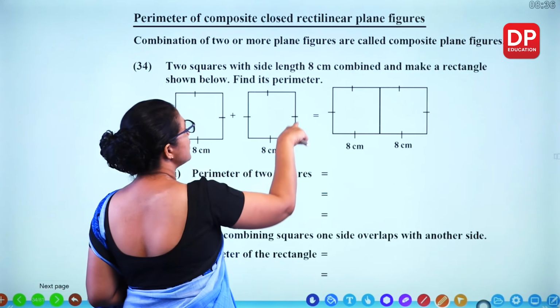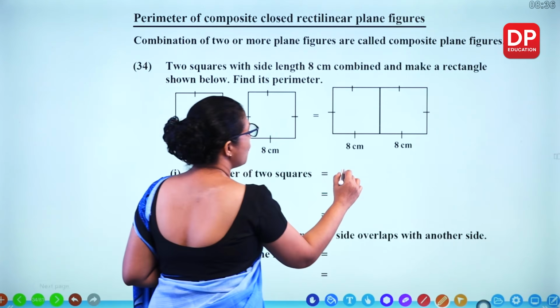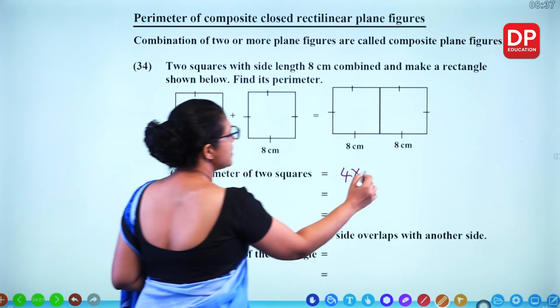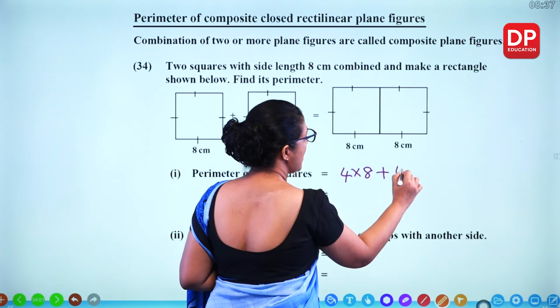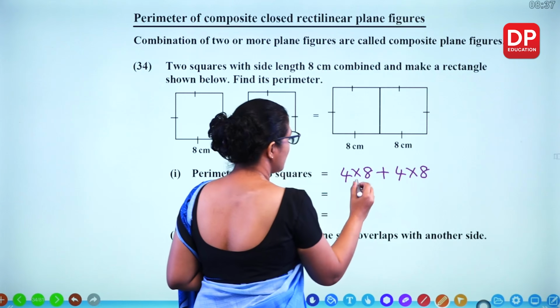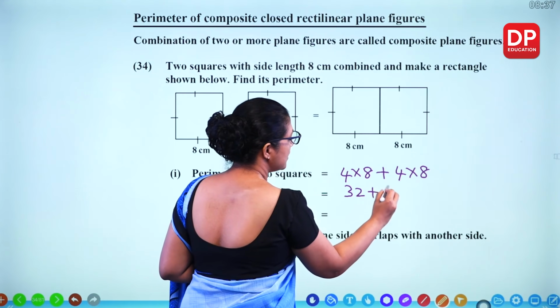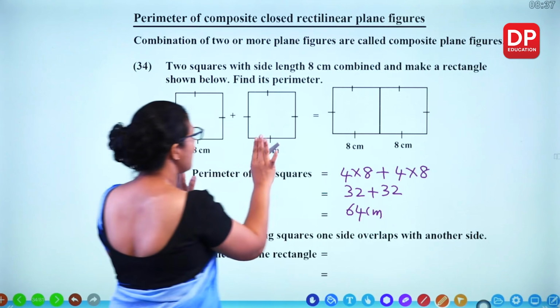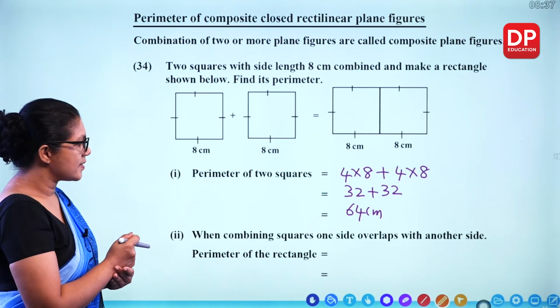Here also 4 times 8. So 4 times 8 plus 4 times 8. So 32 plus 32, 64 centimeters you are getting if you take separately these two squares.